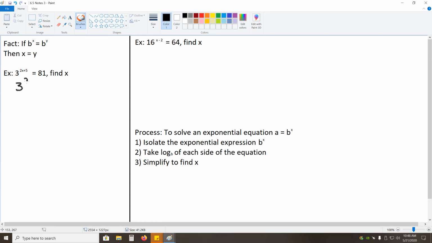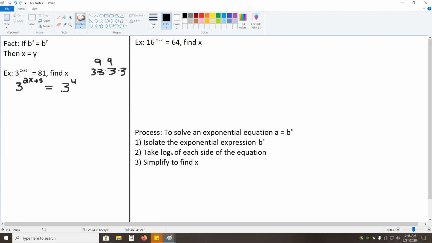The important thing to note about this problem is that 81 can be rewritten as 3 to some power. If you multiply it out, 81 is 9 times 9, and 9 is 3 times 3. So that means we have 4 3's being multiplied together, so 81 is just 3 to the 4th power.